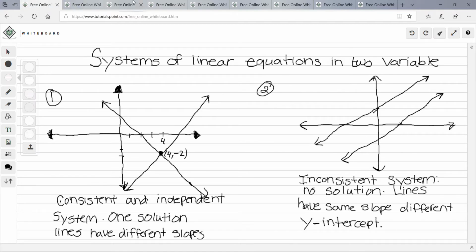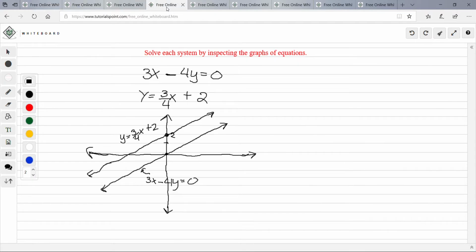Number 2. We know it's inconsistent. It's an inconsistent system. There's no solution, right? Because they don't intersect.